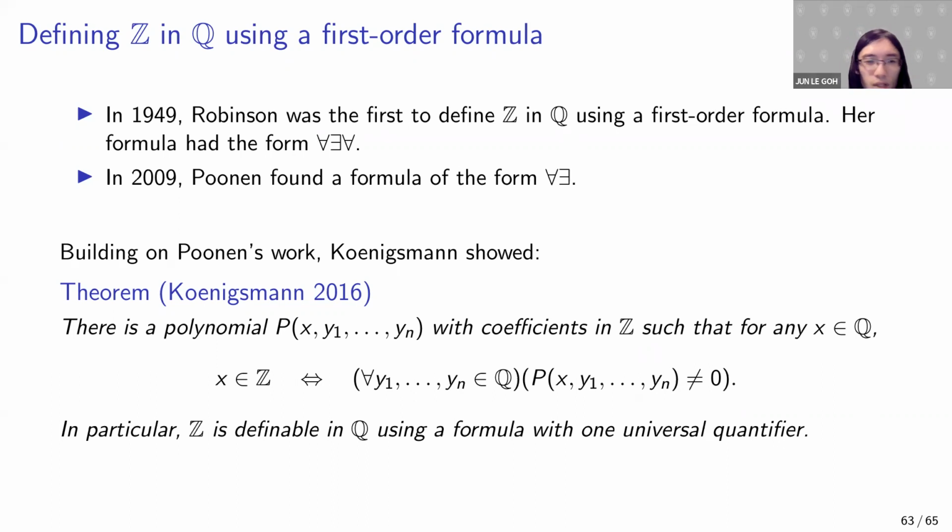So this is a formula with one block of universal quantifiers. There are multiple variables here, so technically there are multiple quantifiers, but the point is that there are no existentials. It's all universal.